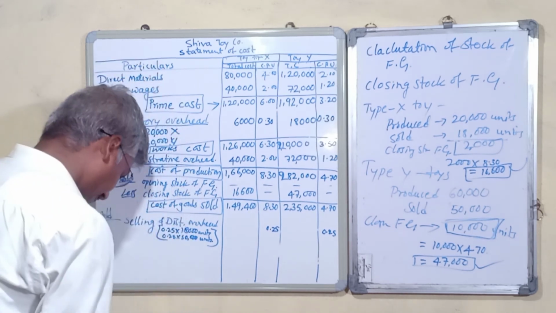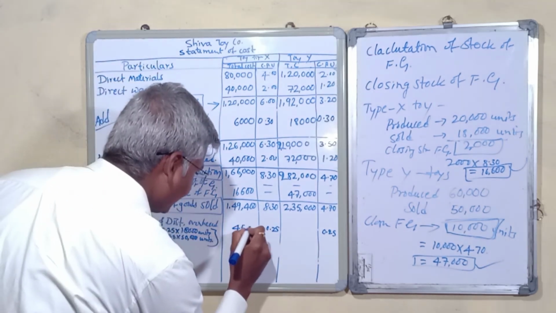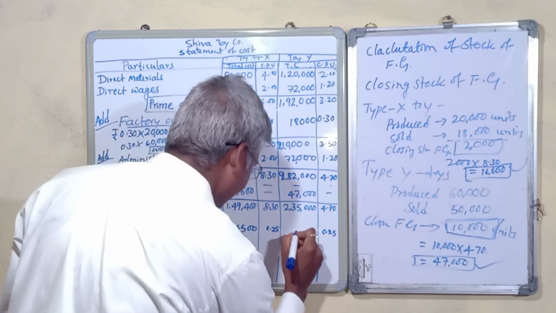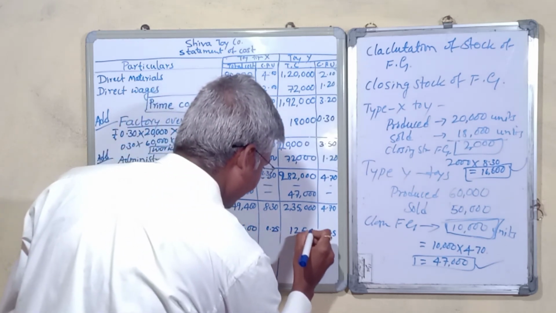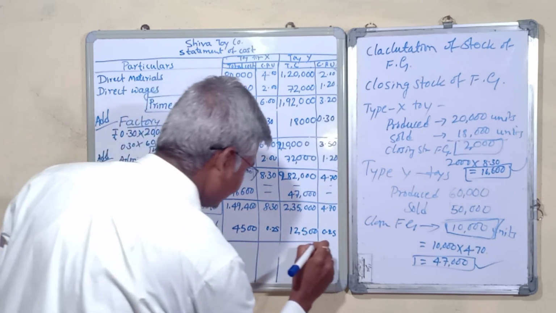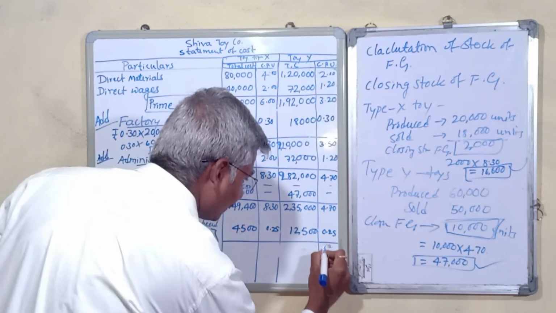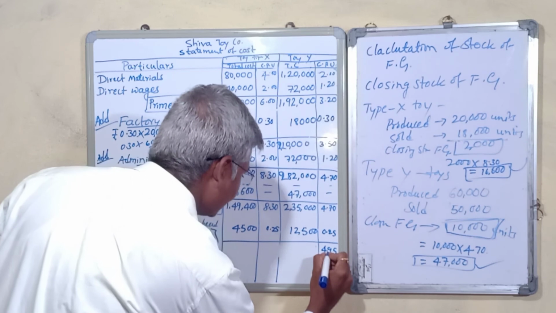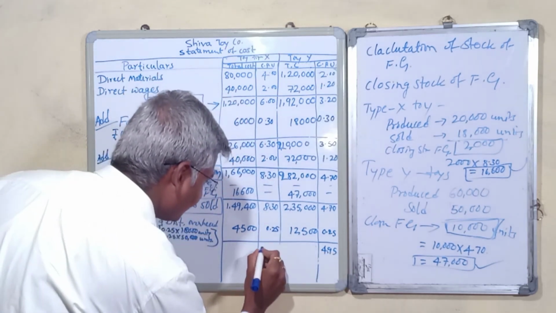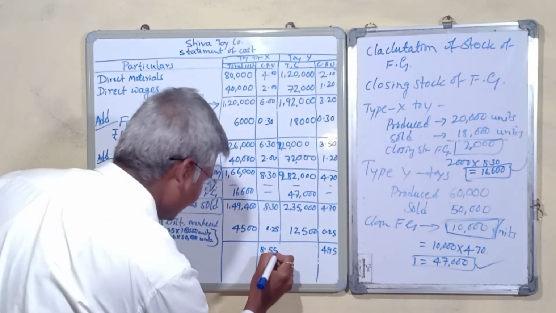That amounted to rupees 4,500 and 12,500. If we add this, we will get 4 rupees 95 paisa, 8 rupees 55 paisa.